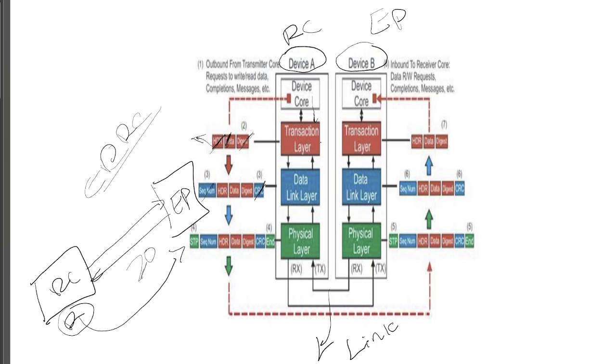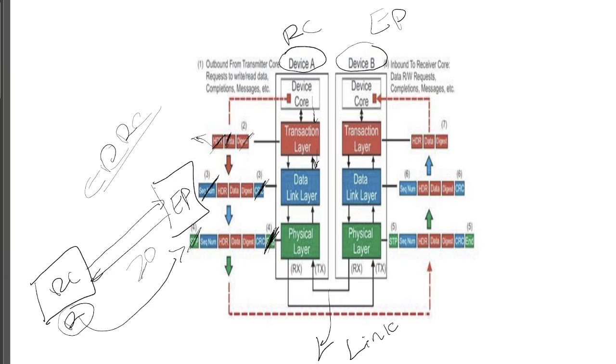Once a TLP reaches the data link layer from the transaction layer, we need to add the sequence number of that TLP. The sequence number is appended to the left side and the LCRC is appended to the right side of that TLP in the data link layer.